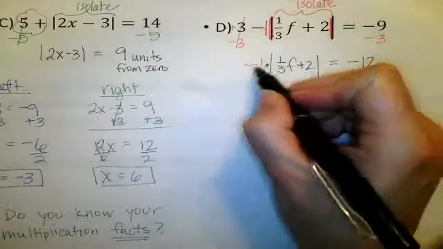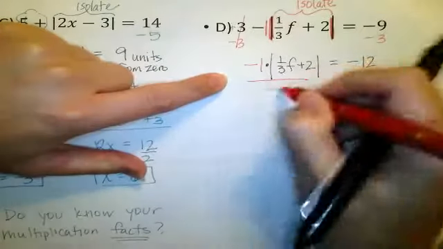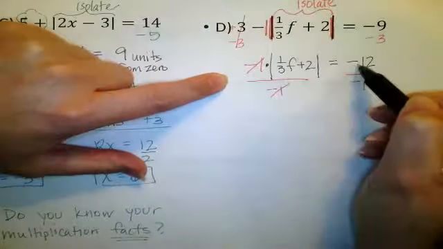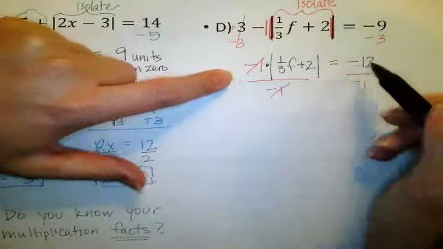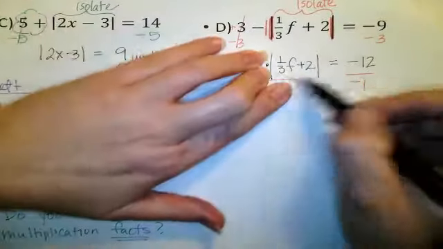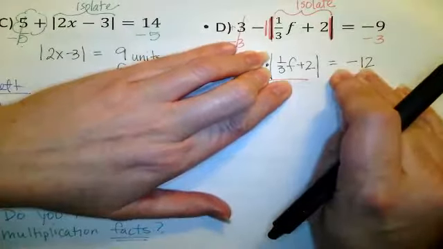All right. Now this is negative 1 times this whole thing. Guess what we get to do? We get to divide everything by negative 1. Now you can see we aren't actually having a negative distance here, though that could happen and the answer might be no solution. So if it did look like that, this is no solution.